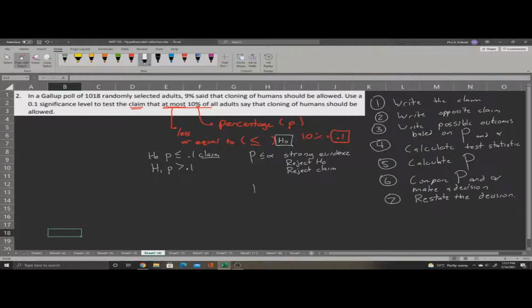Now, in the event that big P was greater than alpha, we would have evidence that is not strong. Therefore, we would fail to reject the null hypothesis. And that means we can't reject the claim, because we would have to box it in and stick with the null.